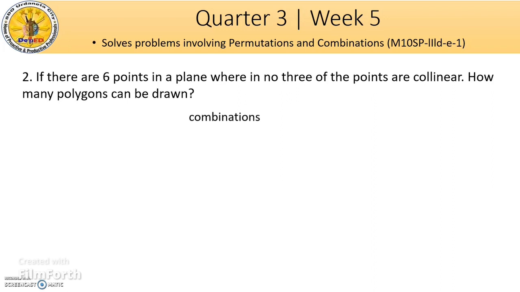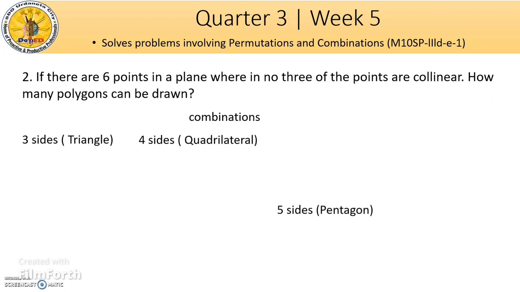So, we know that a polygon is a closed figure. So, the minimum number of sides you can use would be 3. So, with 3 sides, it is a triangle. With 4 sides, a quadrilateral. With 5 sides, it is a pentagon.